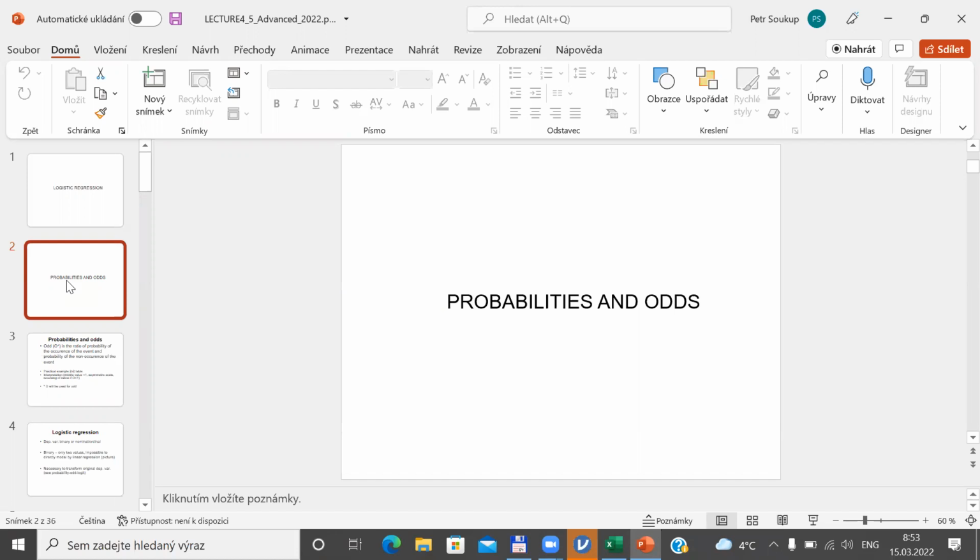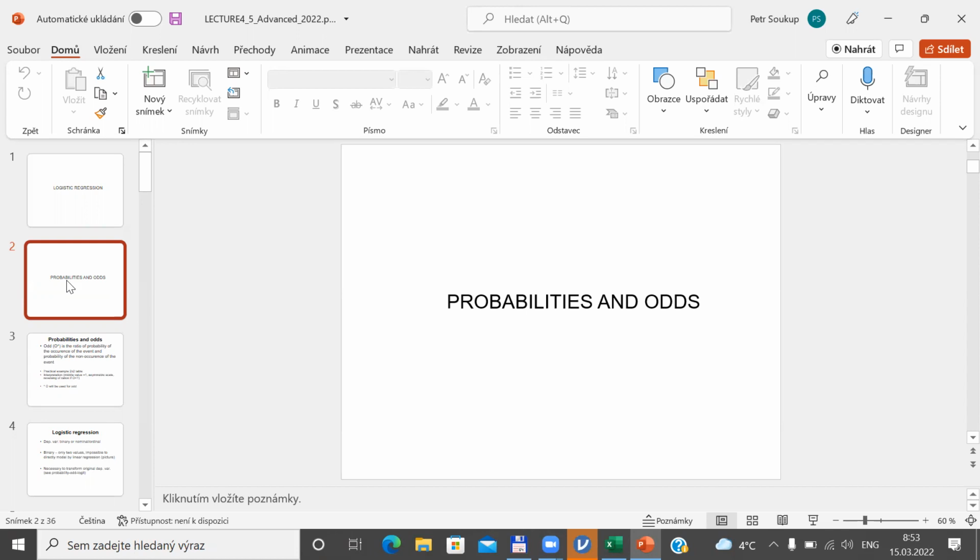So that's why, I hope, we will make a brief recap of the discussion about probabilities, and then we will enter a new topic, at least for most of you, which is the discussion about odds and odds ratios, or in more general language, chances. Also in the Czech language, we use the expression chance for the odd.